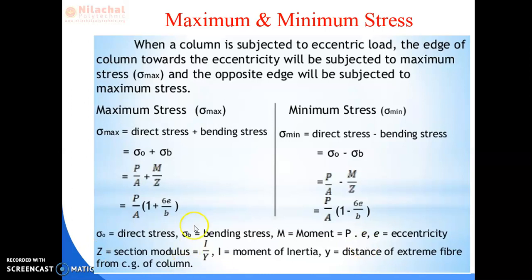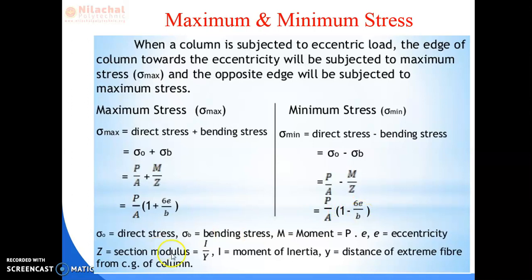So we take the formula for M by Z as P into E divided by Z. We can take P by A common, and that will be 1 plus 6E divided by D. Similarly, minimum stress will be P by A, whole bracket, 1 minus 6E divided by D.